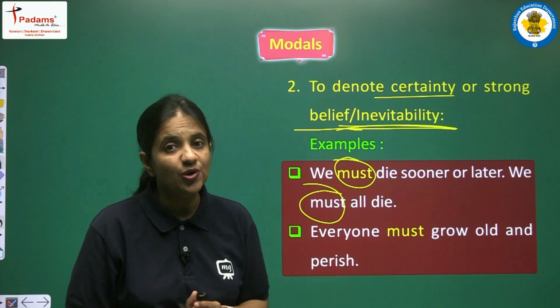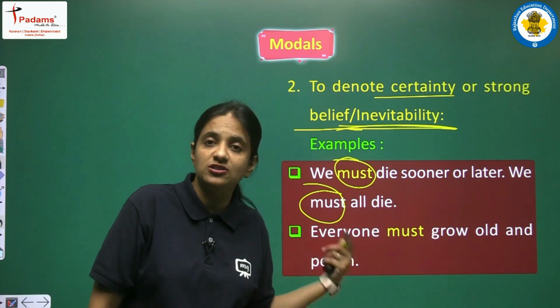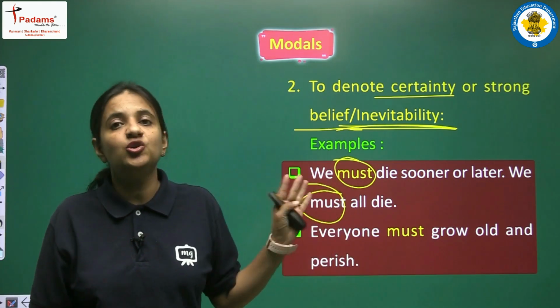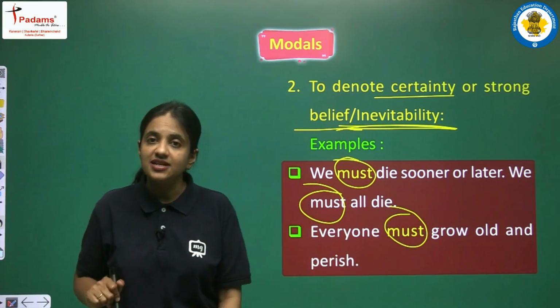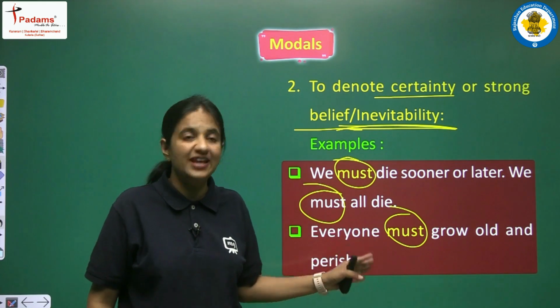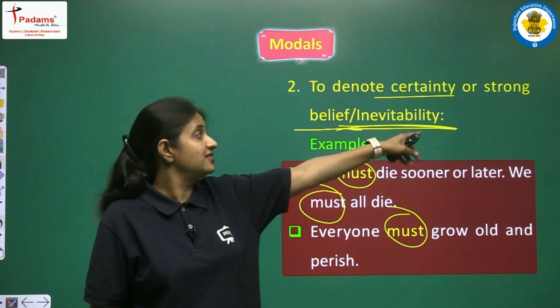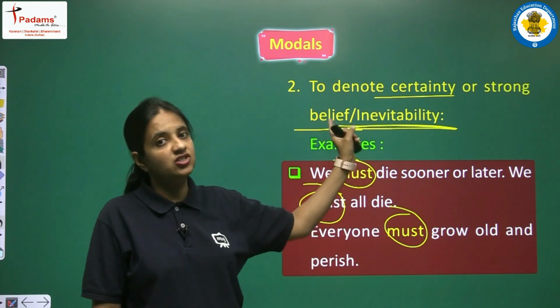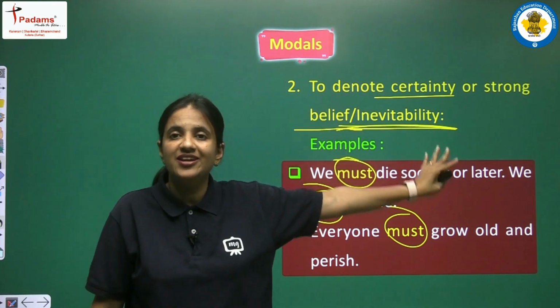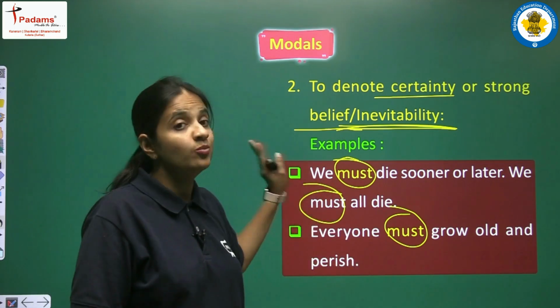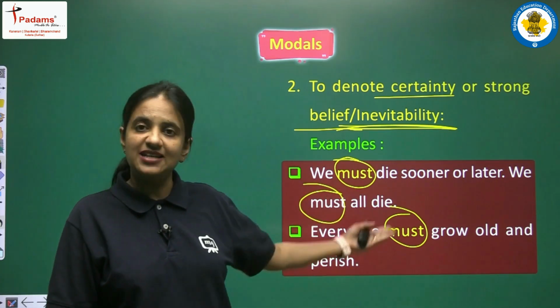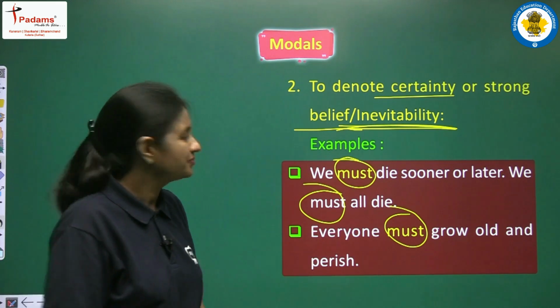We have to grow old, and one day we have to also perish, and this is also totally inevitable fact, and this is the reason we are using must here in the sentence to show this thing, that this is certainty, this is very strong belief, and this is totally inevitable fact. Alright, so whenever we are trying to show these things, we have to use must in a sentence, and yes, the examples are here in front of us.